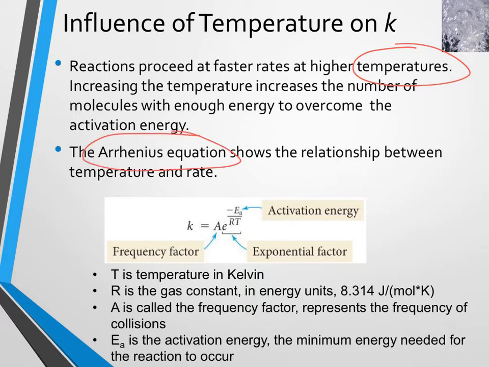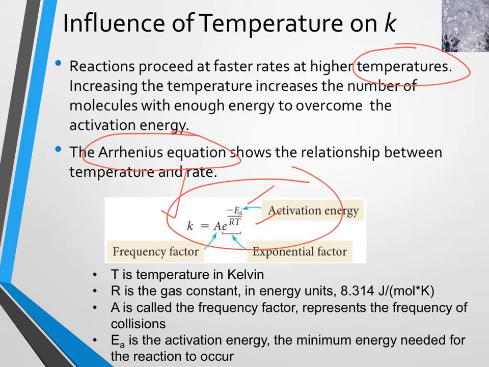A scientist named Arrhenius studied the effect of temperature and activation energy on the rate and came up with a mathematical relationship between rate constant, activation energy, and temperature. This form of the Arrhenius equation we won't use directly, but I did want you to see it.